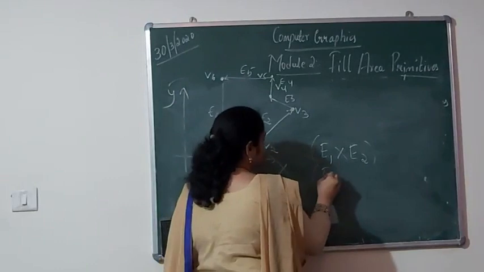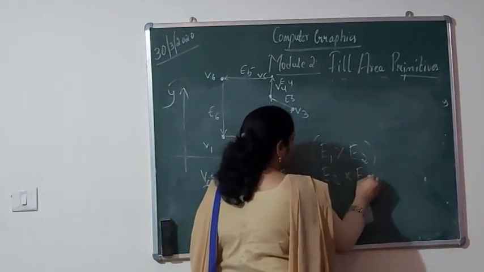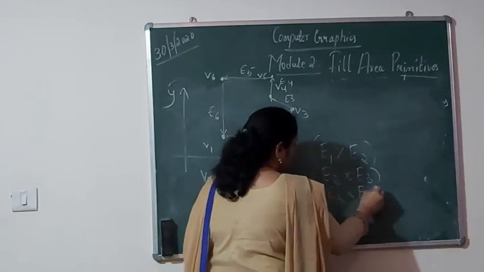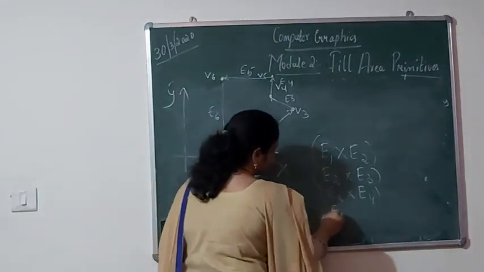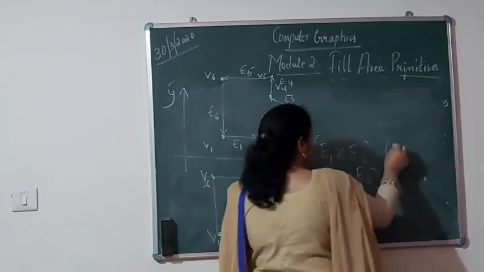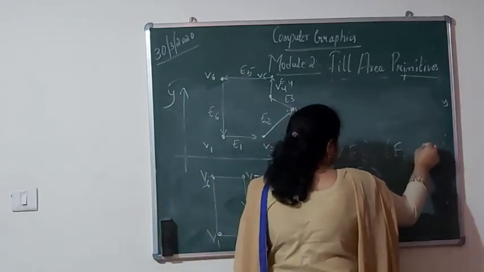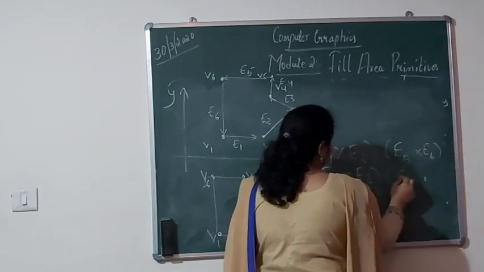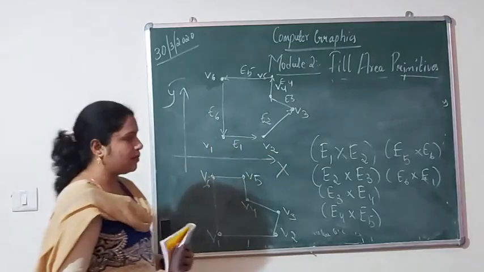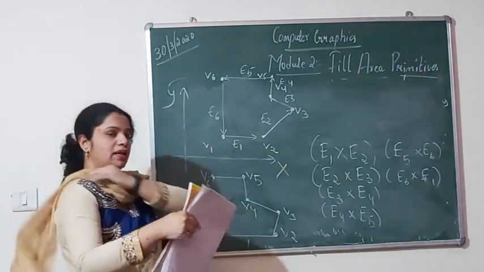E1 to E2, the next pair is E2 to E3, the third pair is E3 to E4, the fourth pair is E4 to E5, the next pair is E5 to E6, then I have E6 back to E1, right? So this is how I will be finding the cross product of my edge vectors.